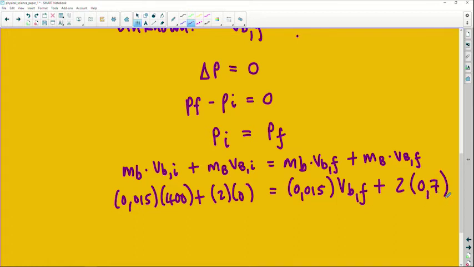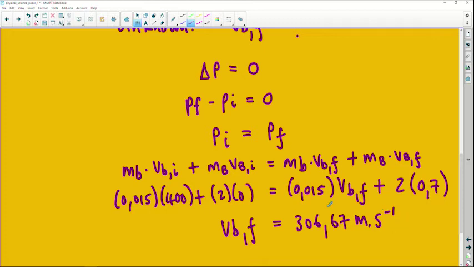So now we can solve for VBF, or the velocity of the bullet in the end, and we see that we get a value of 306.67 meters per second, and that is the velocity of the bullet in the end.